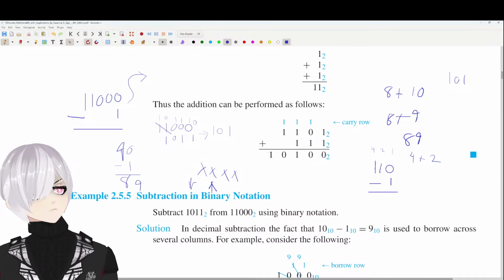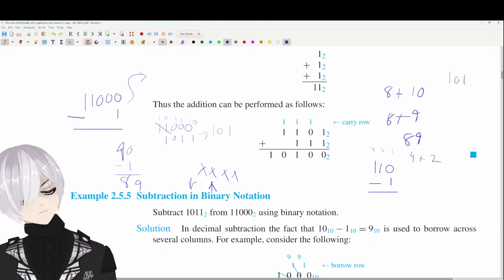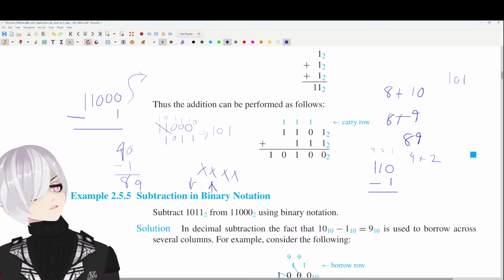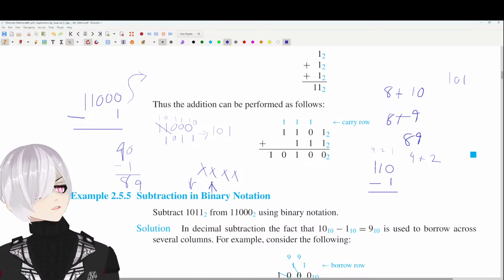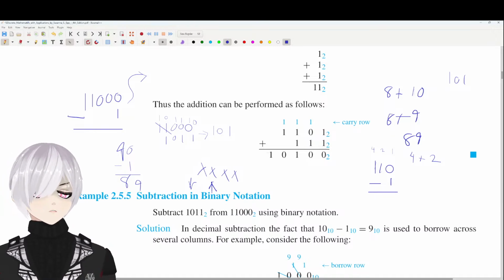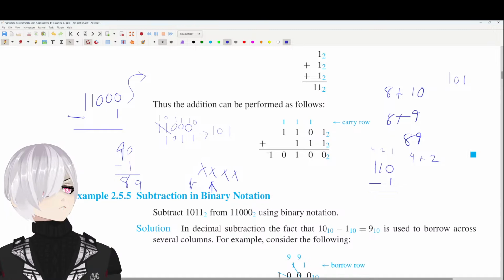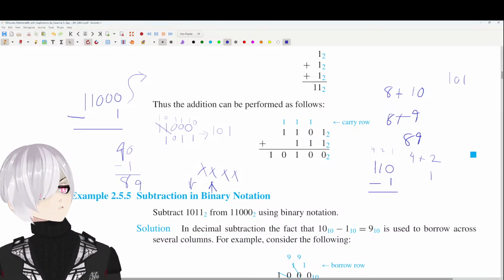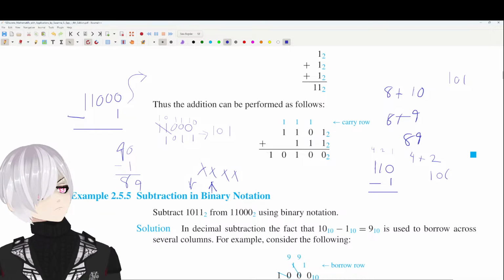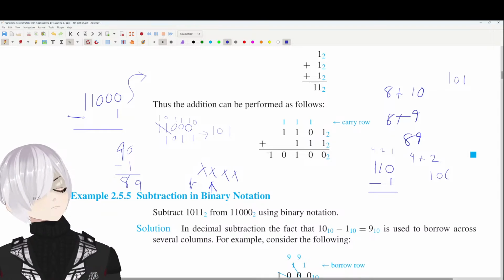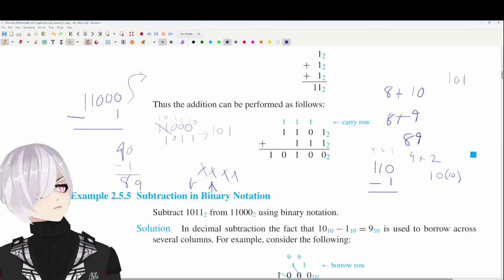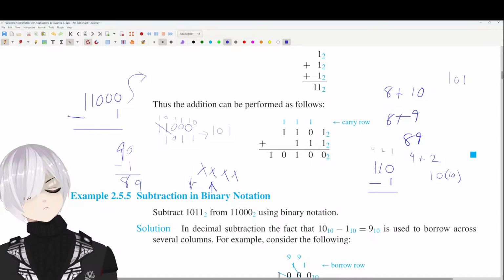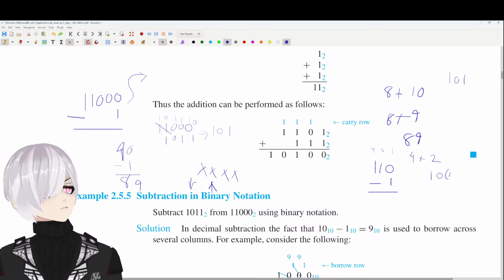We would still have our digit in the fours place. We'd have the original representation 1 1 0, that's 1 times 4 plus 1 times 2 plus 0 times 1. And then when we're doing the borrowing, we pretty much have 1 times 4 plus 0 times 2 plus 2 times 1.